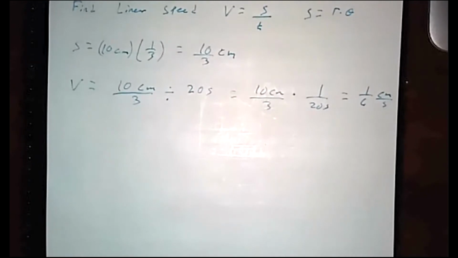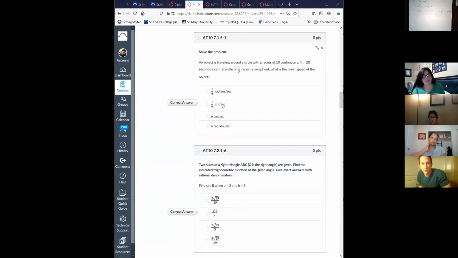But basically you just need your formulas. Once you write everything down and use your formulas, it shouldn't be too bad. Does this make sense or no? So the answer is 1/6 centimeters per second. That's the linear speed.